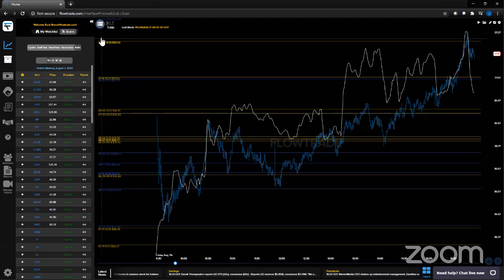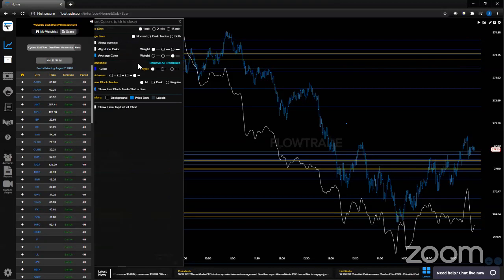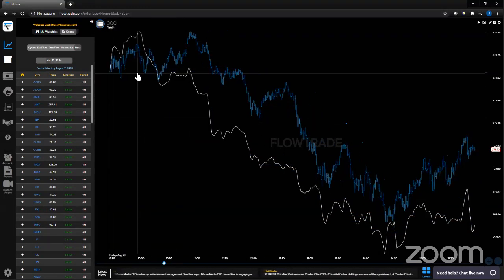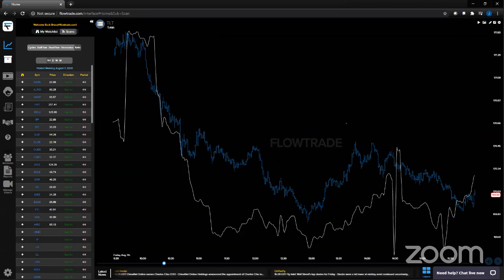Once we got a rejection of the bottom of the 4-hour Keltner channels, XLE ran back up. In 2 days, XLE ran about 5% of the stock price. Personally, I trade options, and a 5% stock price move over 2 days translates into some pretty hefty gains on options. That's one of the ways that we're using these scans.